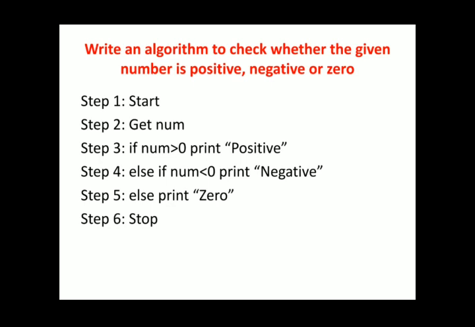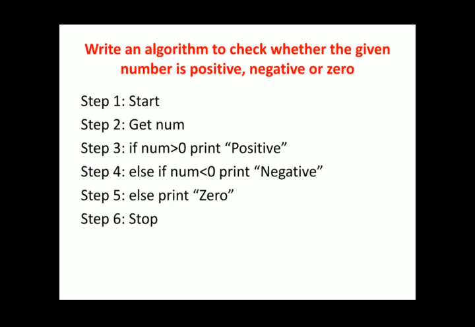Now consider num as 5. num is a variable that contains the value 5, so it will check the decision based on step 3. 5 greater than 0: now the condition becomes true. So positive will be displayed as the output. Suppose the number is minus 5.